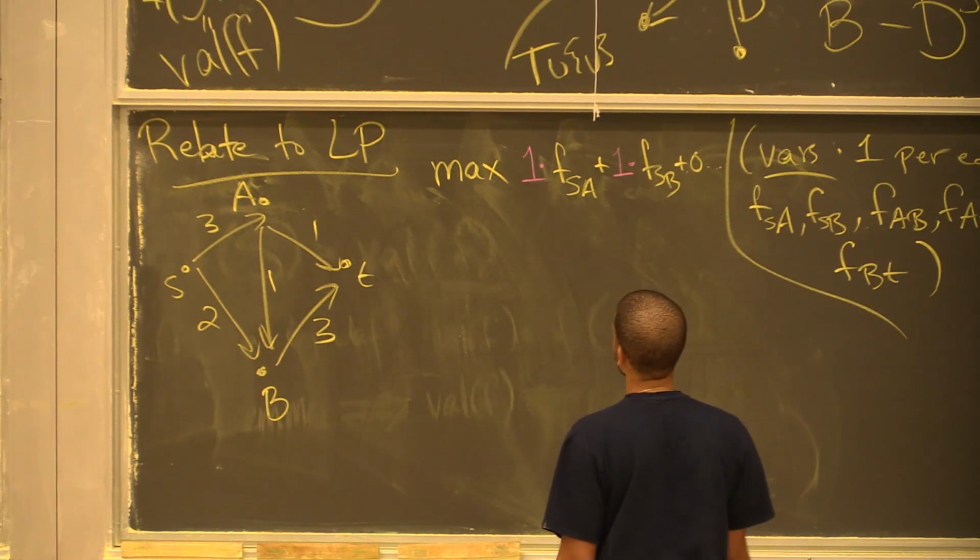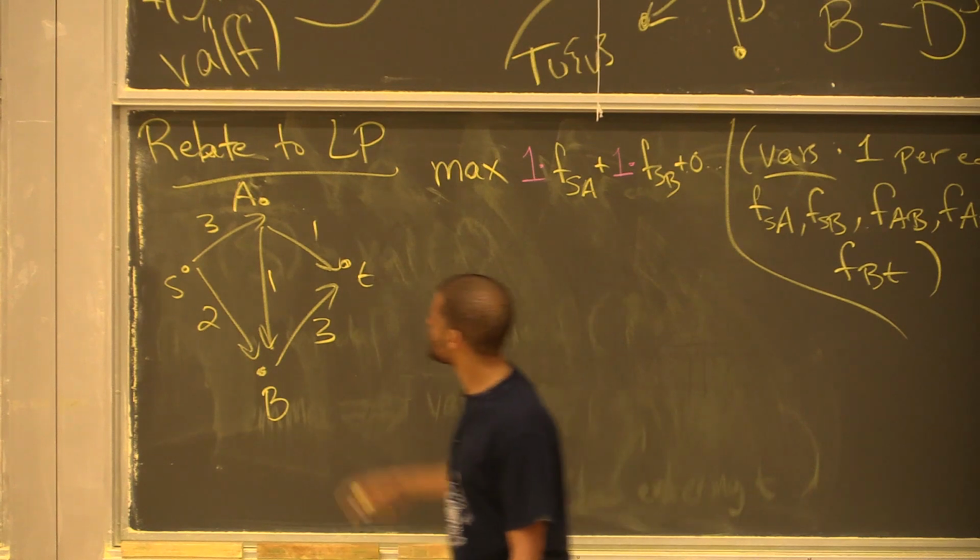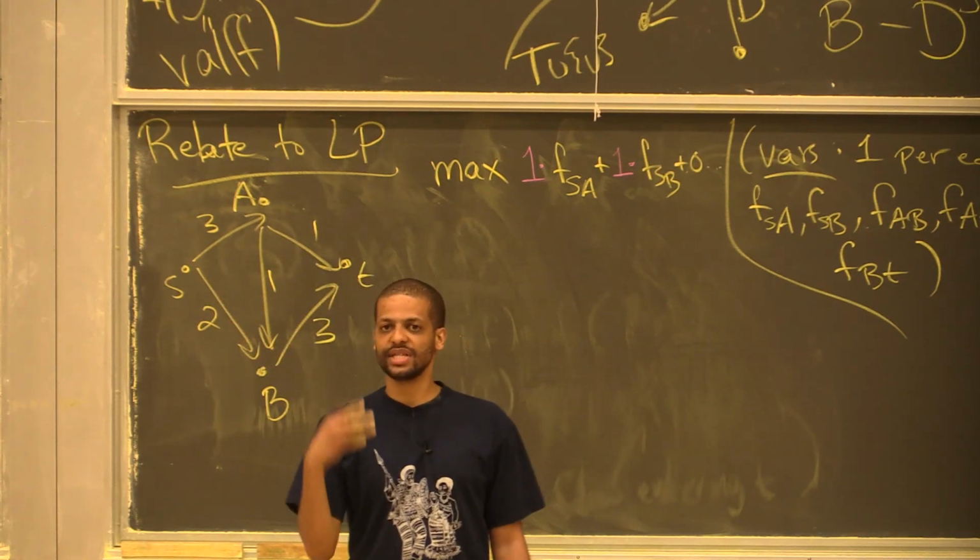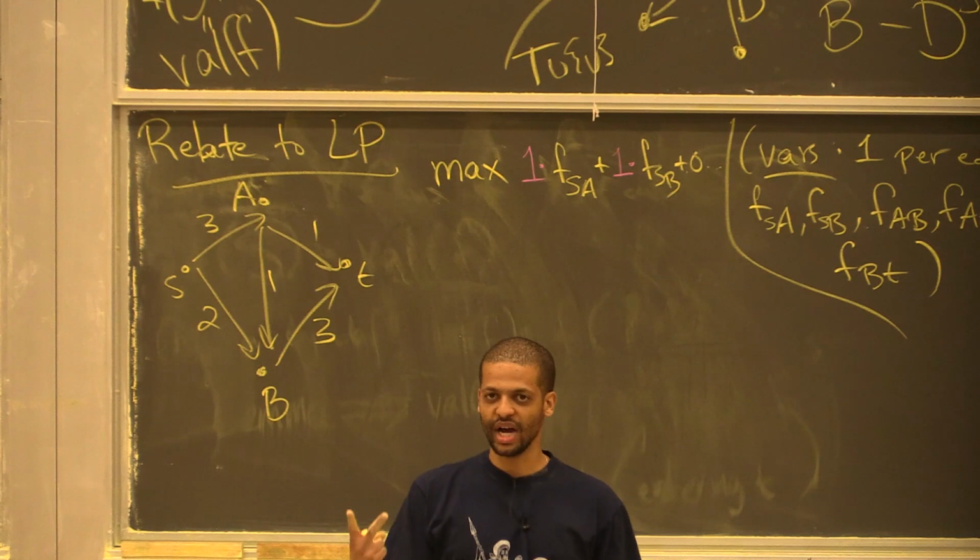Because all I care about is the flow that leaves S, and the only edges that leave S are these two edges. So C is a 5-dimensional vector that has 2 ones and 3 zeros.